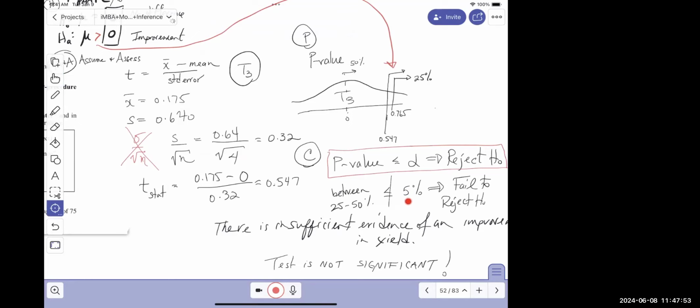You want it to be even smaller, like 1% or 0.1%. So the more conservative, the more strict you want to be about saying that something has changed, or that the status quo has been upset, the only way to do that is by going smaller in your level of significance.